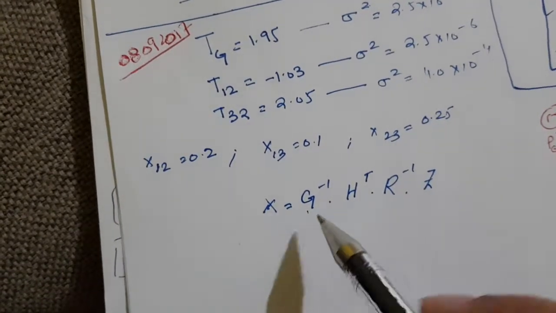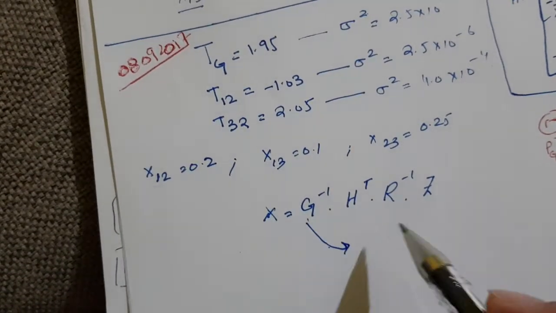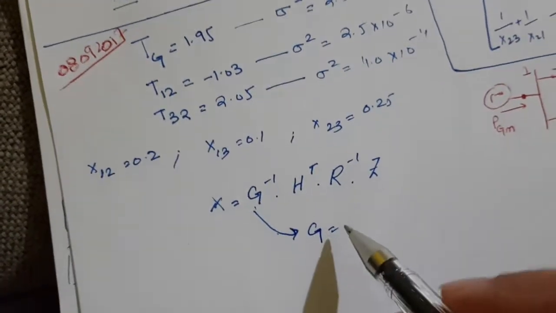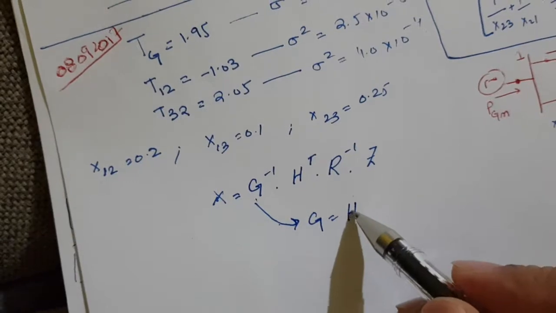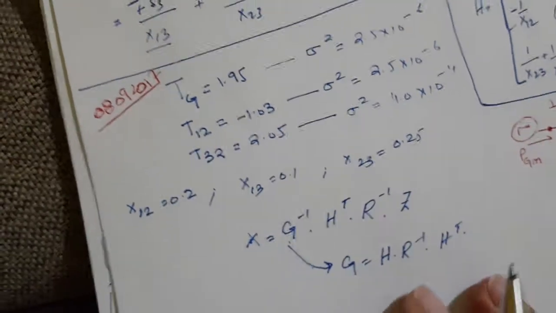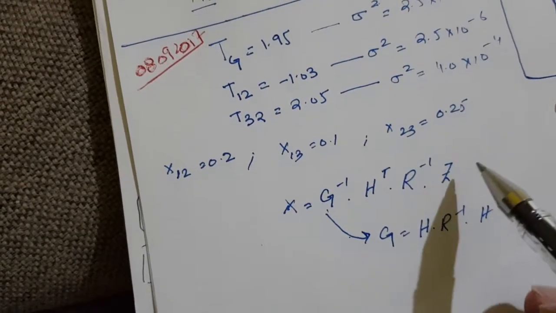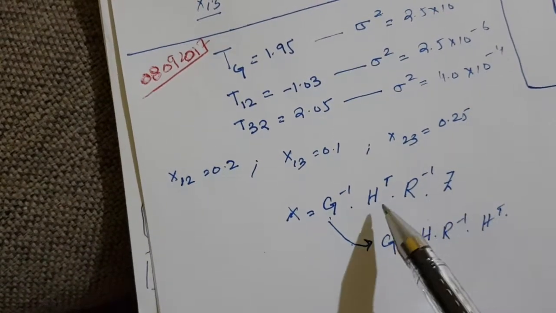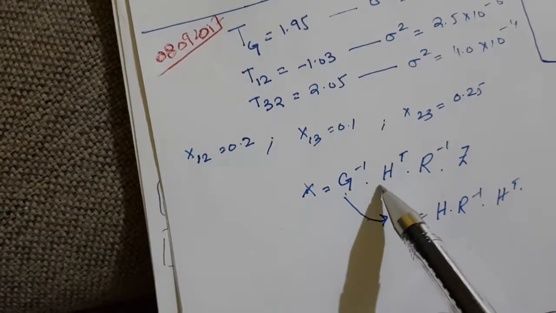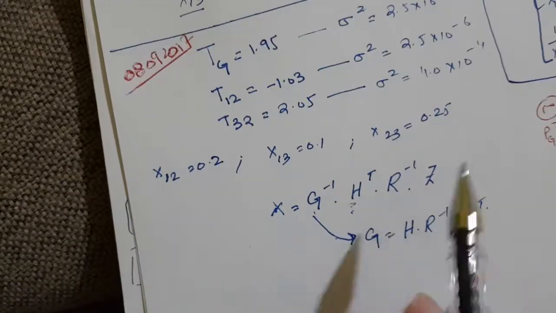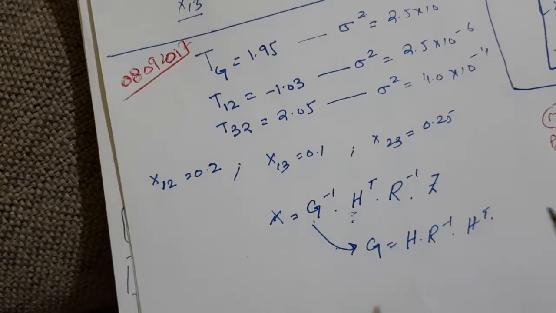First, what is G? G is R inverse and H of T. Okay, what is H? H we have to find. How to find H? I will go into the next step.